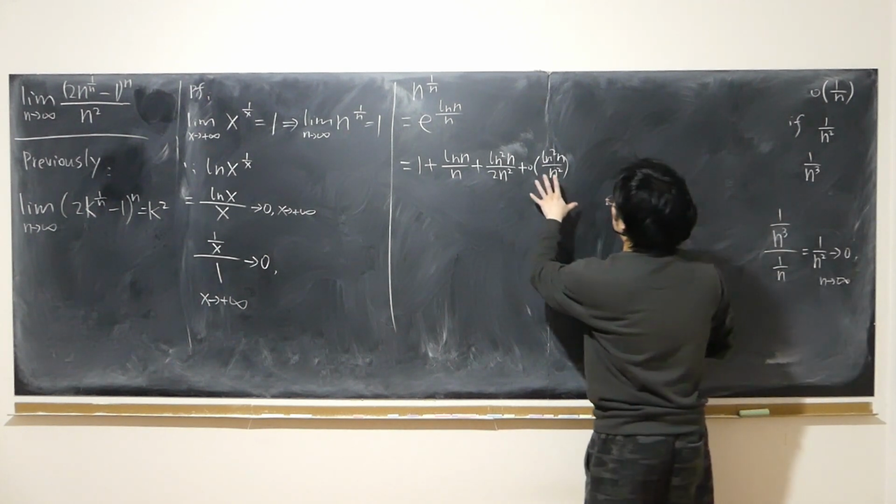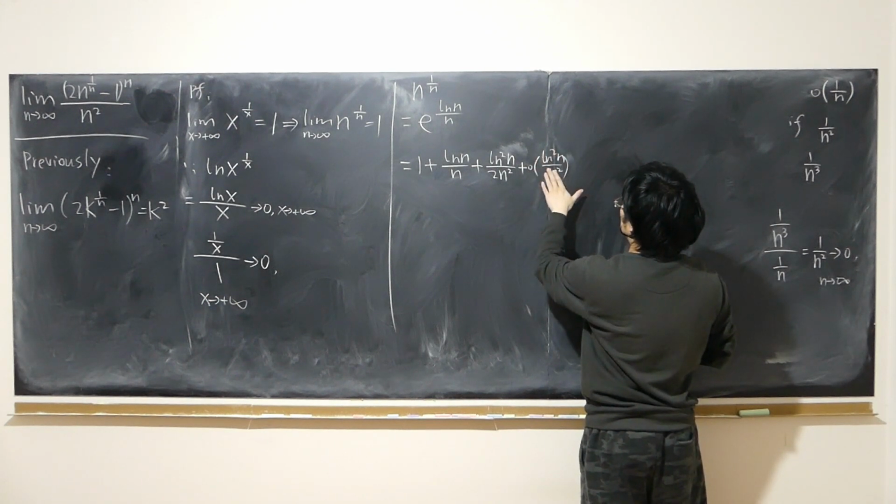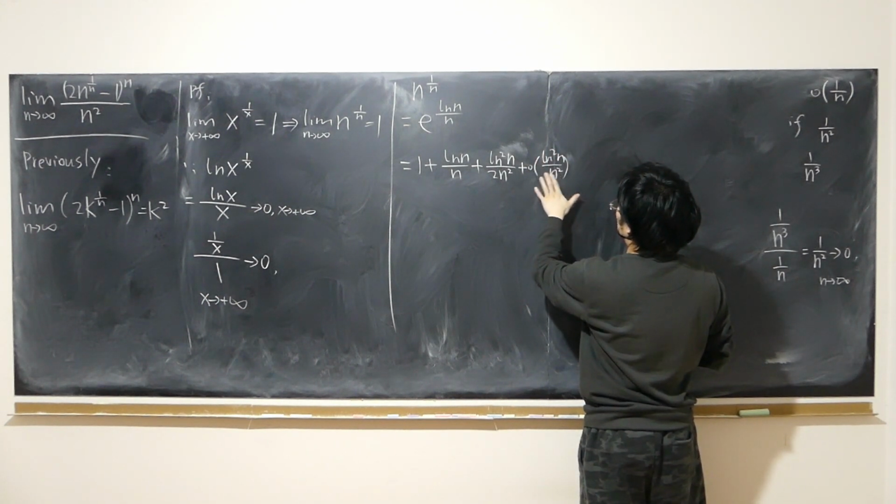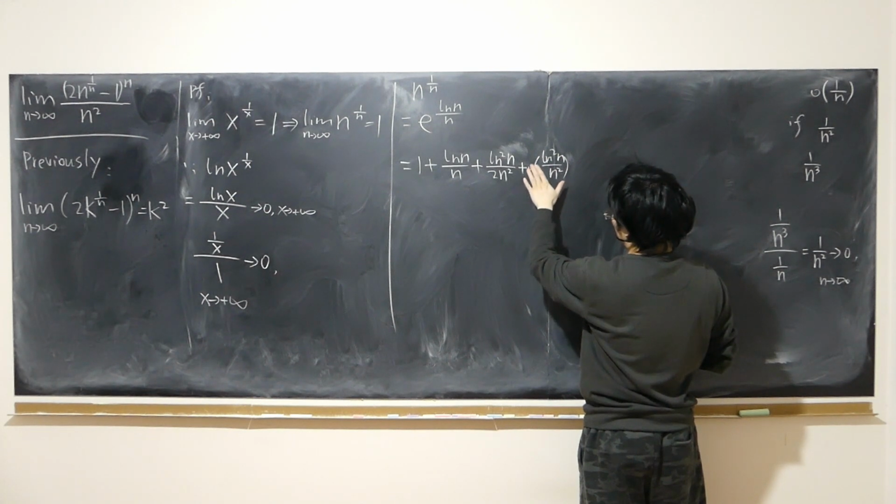So this thing actually approaches 0 faster than the inside. Little o doesn't have to be unique. It's some sequence approaching 0.